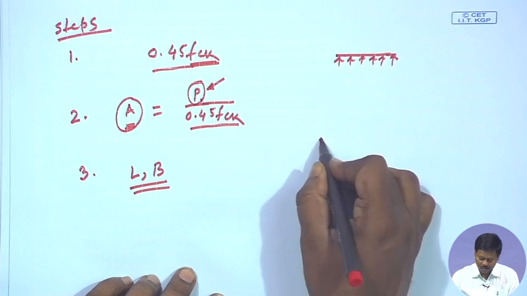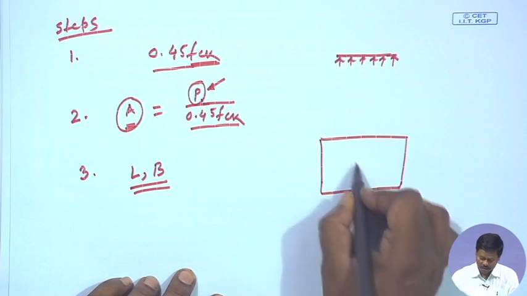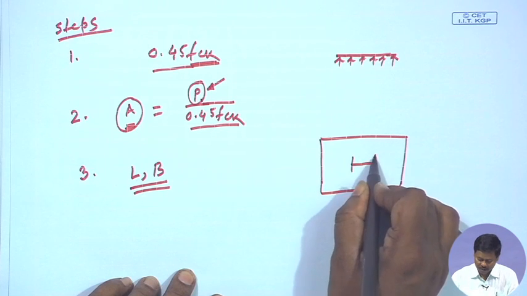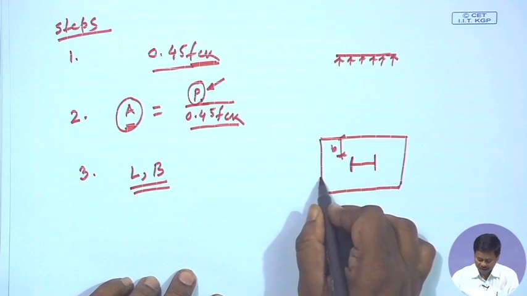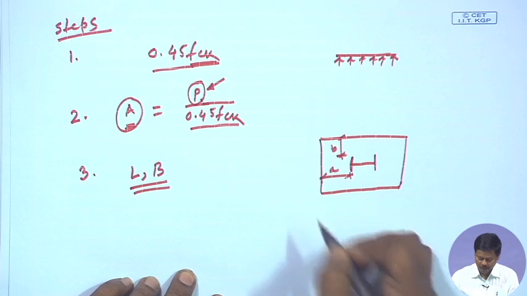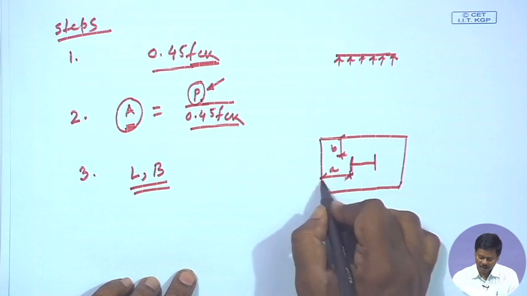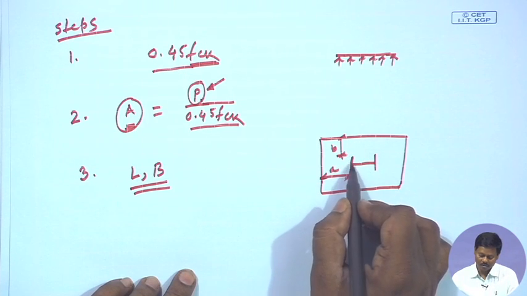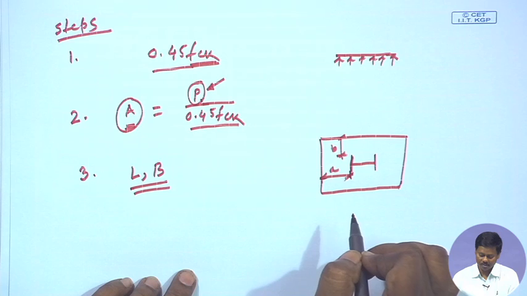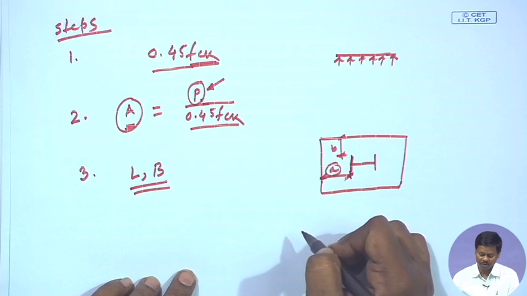Why? Suppose this is a base plate and this is the column. If the projections A and B are different, then along the larger projection the maximum moment will occur, right. So, moment will be more along the larger projection.